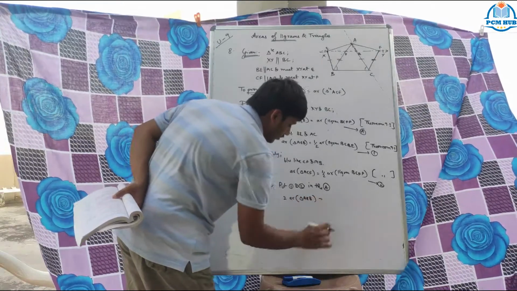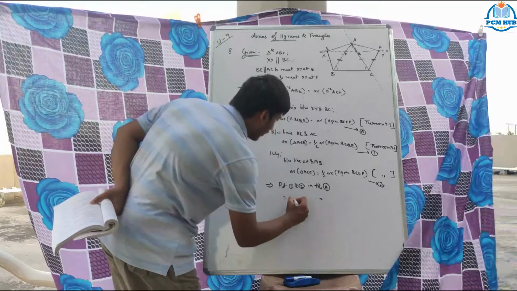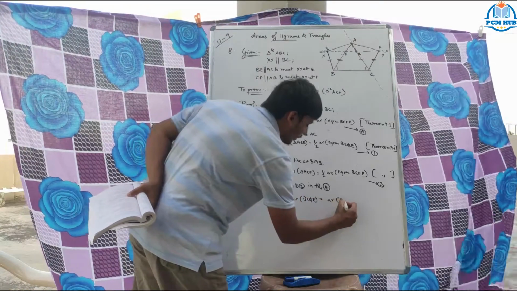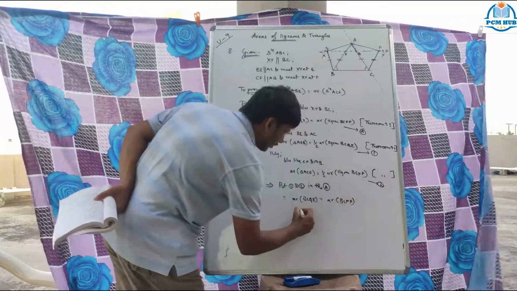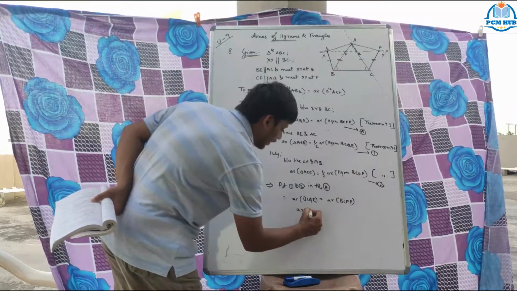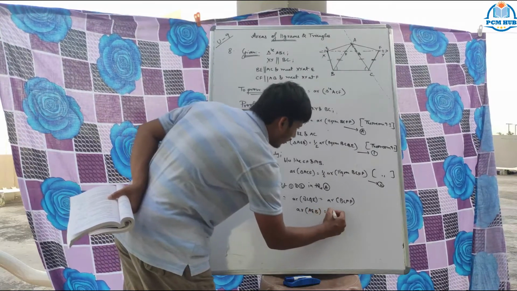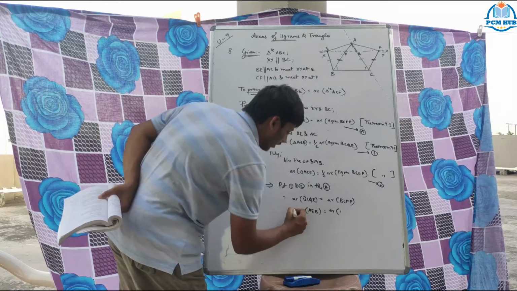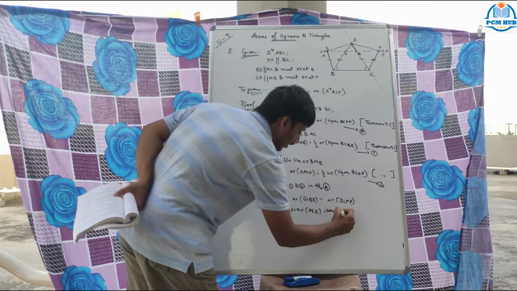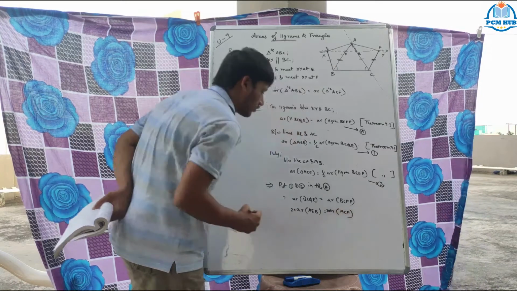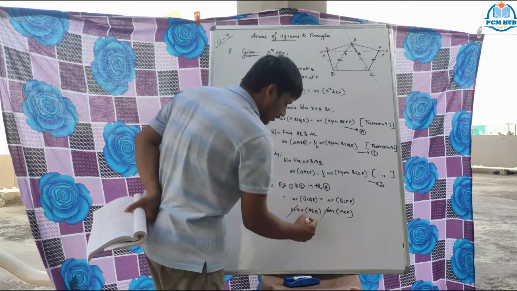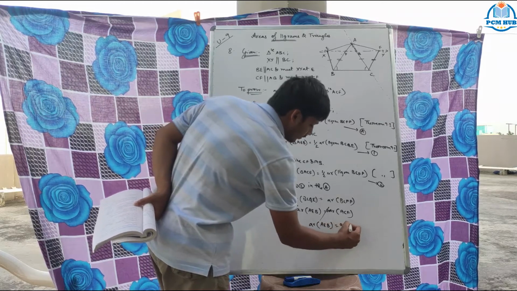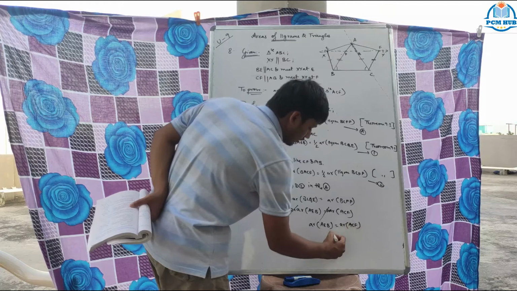Area of BCQE equal to area of BCFP. Therefore, 2 times area of AEB equal to 2 times area of ACF. Therefore, cancelling 2, area of AEB equal to area of ACF. Hence proved.